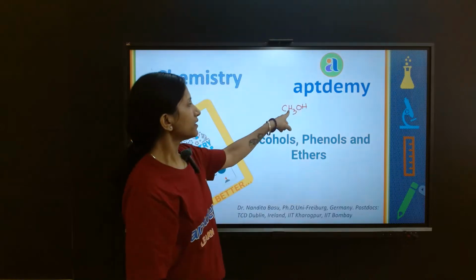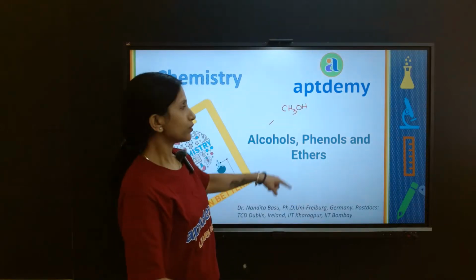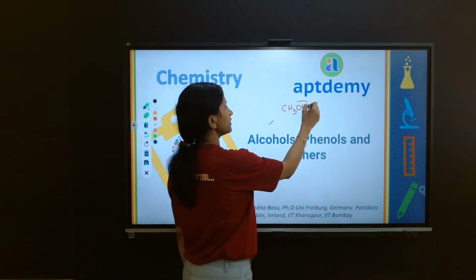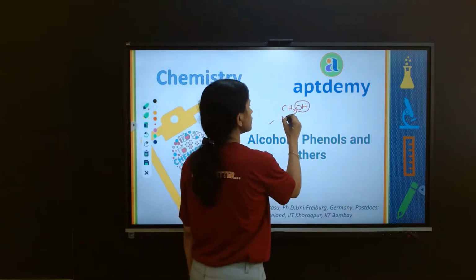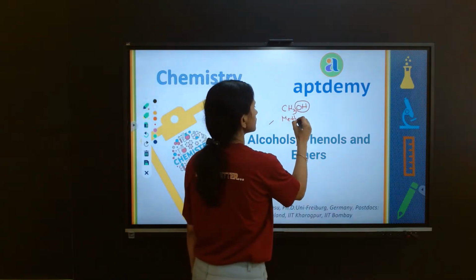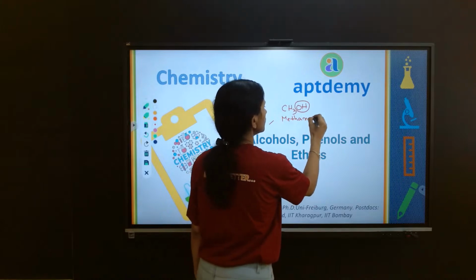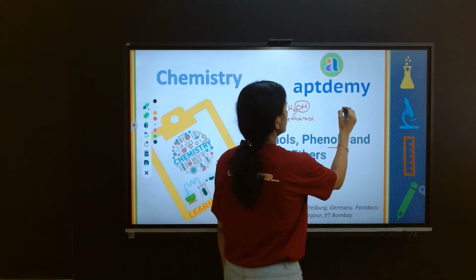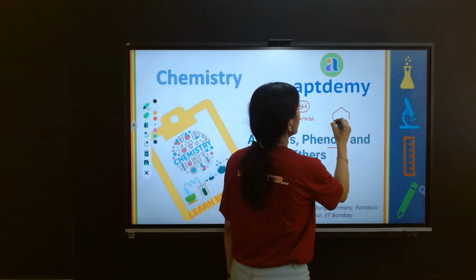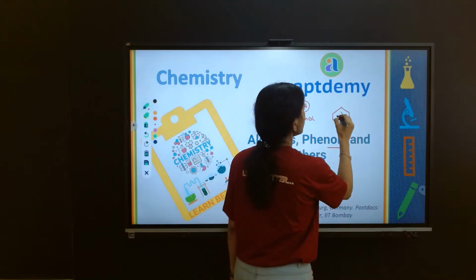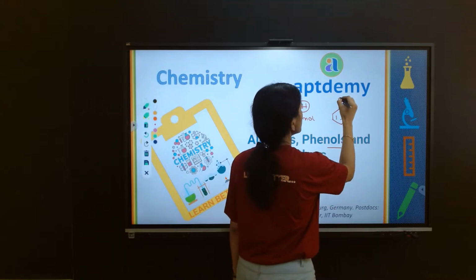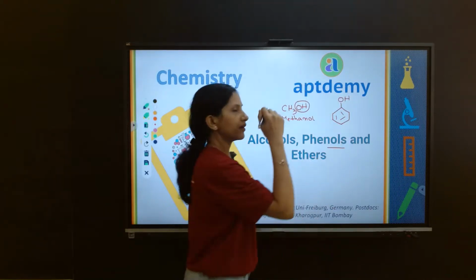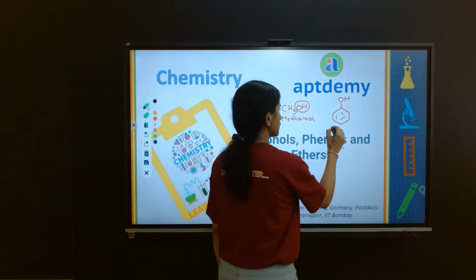So from methane, that is CH4, one hydrogen has been replaced by this hydroxyl group and methanol has been generated. Right? Now if you consider phenols, from one aromatic hydrocarbon, one hydrogen is getting replaced by hydroxyl group. This is our phenol.